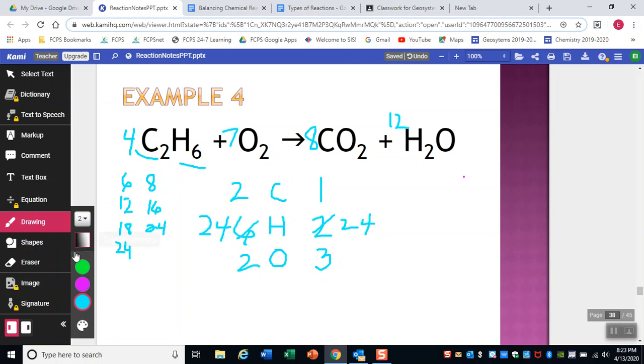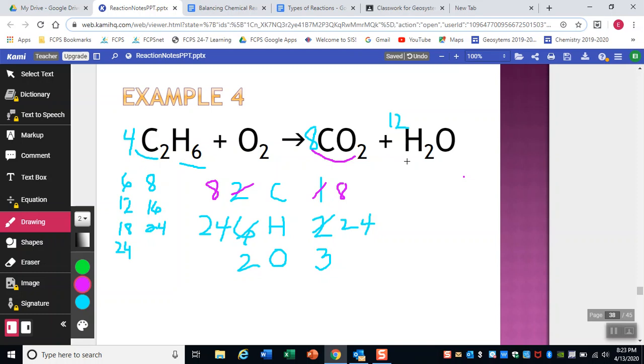All right, so let's go back and erase this. So this gives me 8 carbons and 8 carbons. All right, and this gives me 16 oxygens, right?